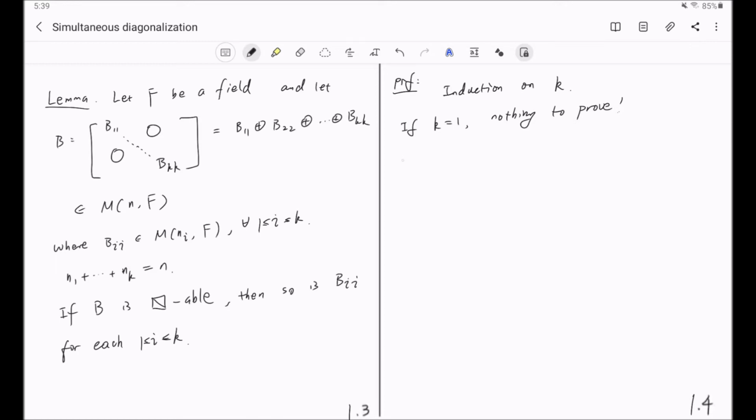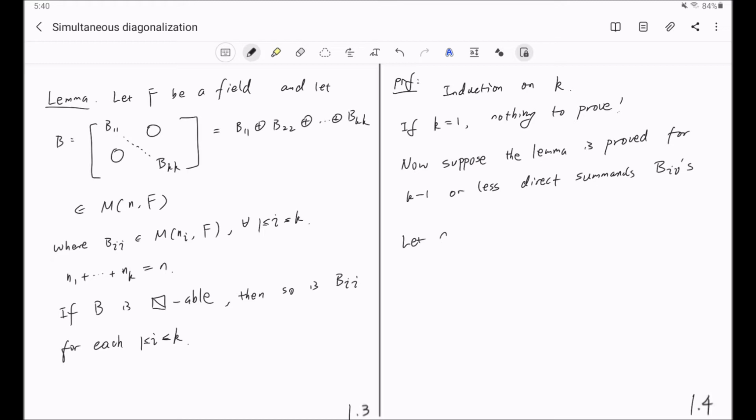And now we suppose, as the induction hypothesis, that the lemma is proved for k minus 1 or fewer direct summands of B sub ii's.